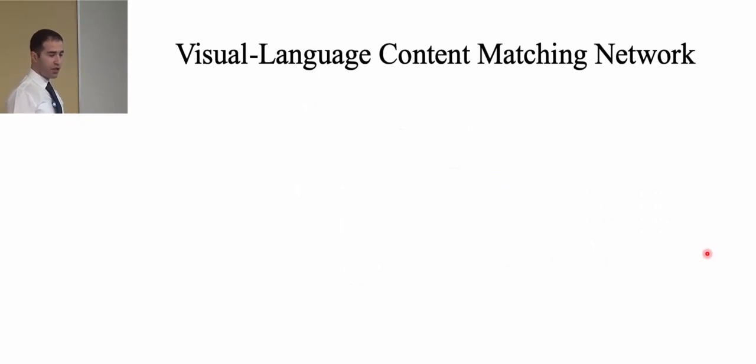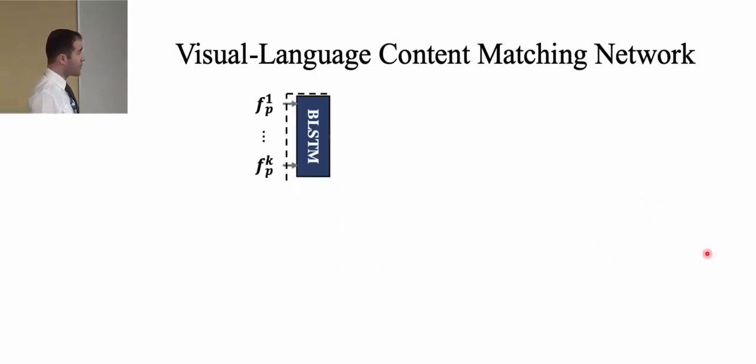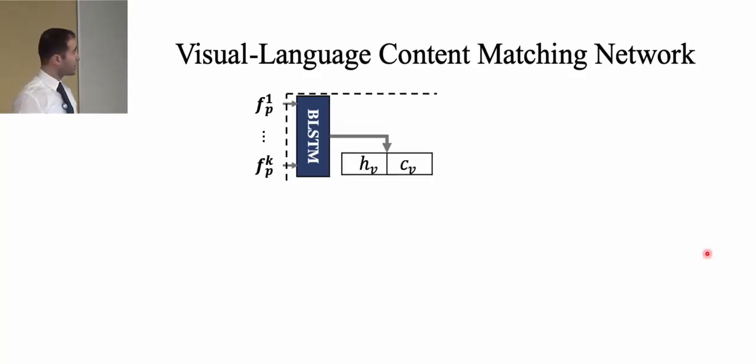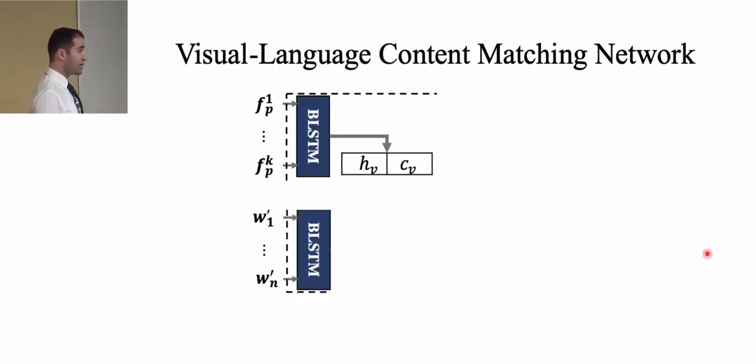Our visual language content matching unit takes as input the visual features of a certain clip, video shot. It processes them into a final representation using a bidirectional LSTM. It also takes as input the description generated by the caption generation network at the previous component.